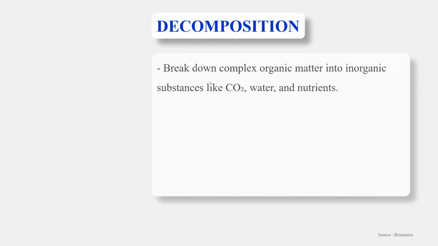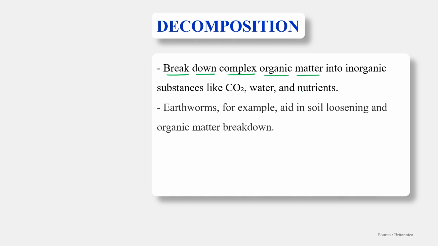Okay. Now let's discuss decomposition. Decomposition means breakdown of complex organic matter into inorganic substances like carbon dioxide, water, or nutrients. This is known as decomposition. One very good example is the earthworm.